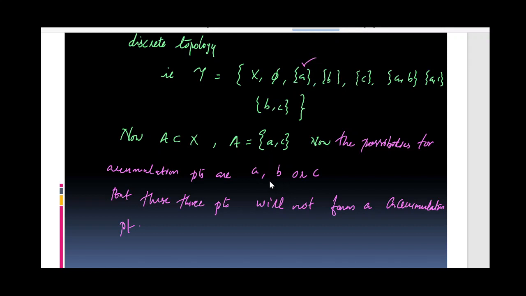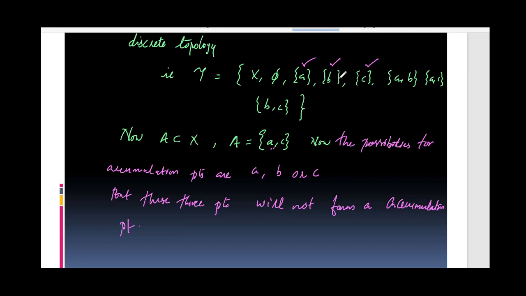In the same way, if b is an accumulation point, then every open set containing b should contain a point other than b from A. That means every open set containing b should contain a or c. But we are having an open set here, {b}, which does not contain any of these members. So b cannot be an accumulation point. In the same way, when you are taking c, we are having a singleton {c} here. This is an open set which does not contain any of the members other than c from A. So in this case, a, b, c are not going to be accumulation points of this subset.